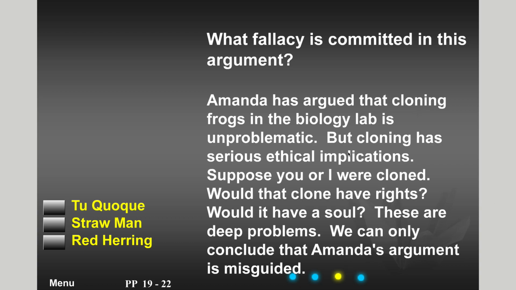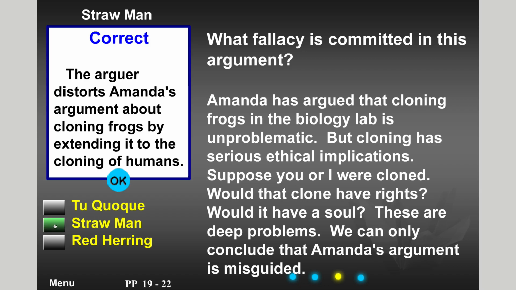But this makes it extreme, right? And that is the calling card of the straw man argument, right? She's not making this argument at all. She's not gotten into the ethical implications of cloning humans, only about cloning frogs, okay? So that is the straw man fallacy. The argument distorts Amanda's arguments about cloning frogs by extending it to the cloning of humans.